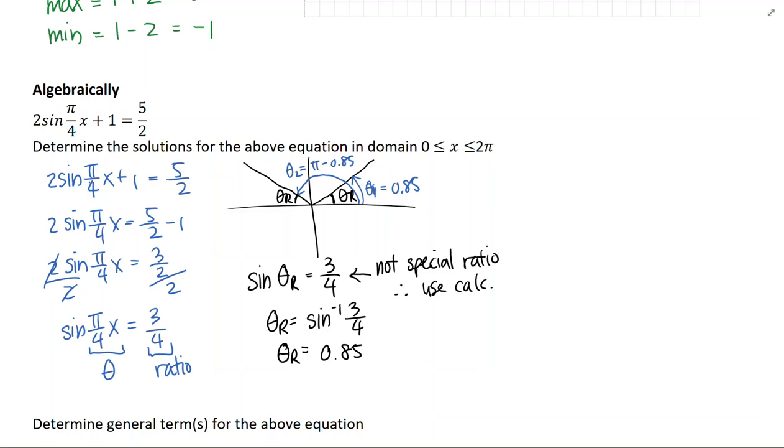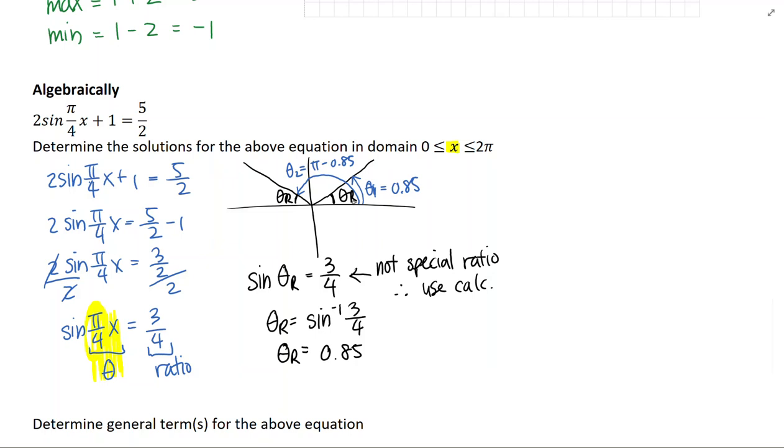But here is where things are different than chapter 4. Remember, the relationship here is that the angle is actually composed of pi/4 times x. So if we want to find x by itself, we will need to take away that pi/4.